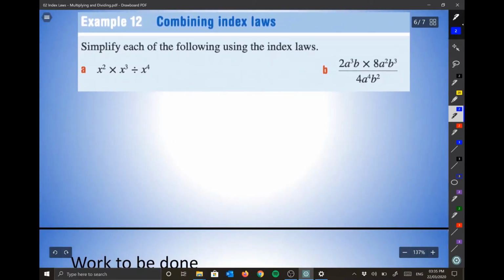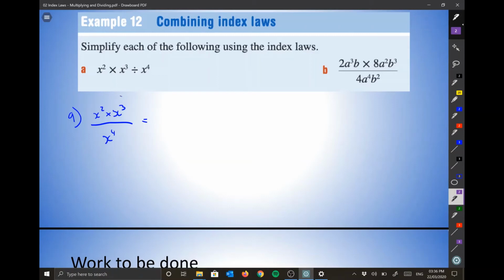And it works the same when we have a combination of multiplication and division. In these cases, however, it's almost even more important for you to write the divisions as fractions. Now, I think the best way to approach answering this question is to just deal with the top first. Forget about what's down here. For now, we're not interested.